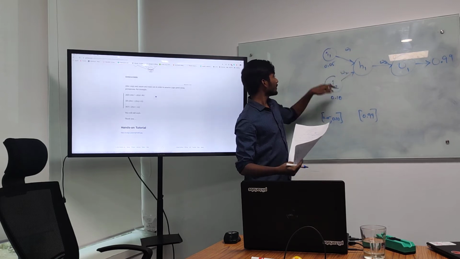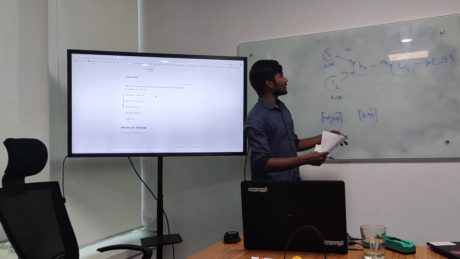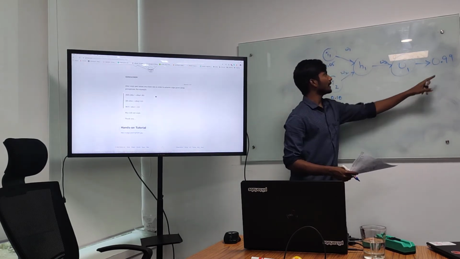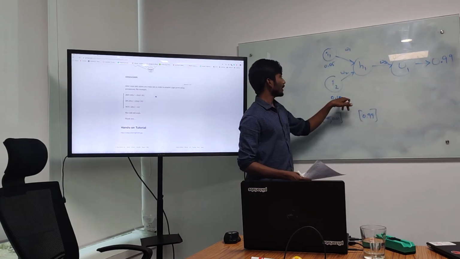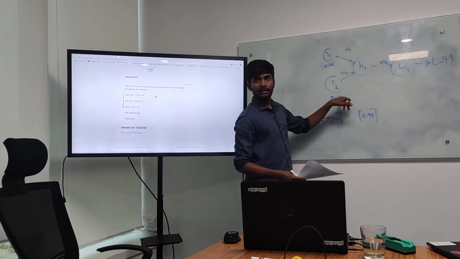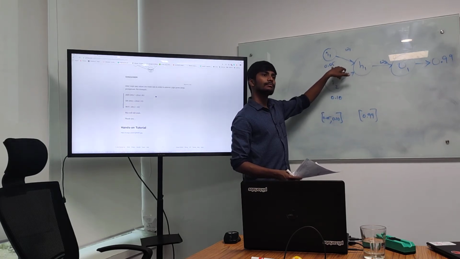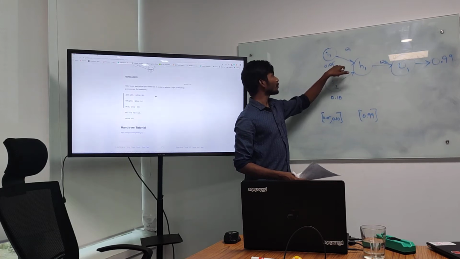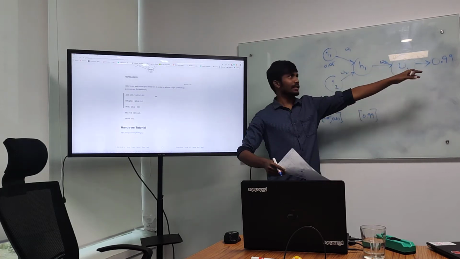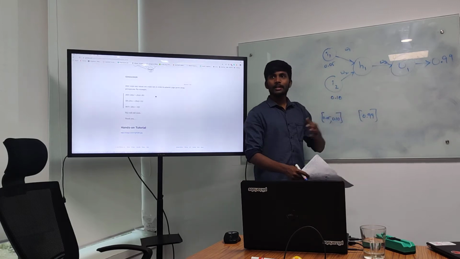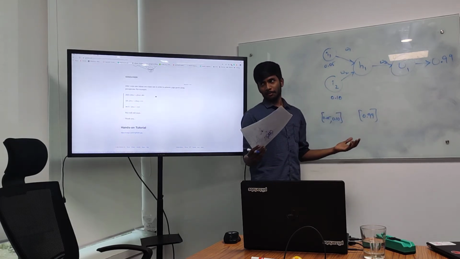Or I can split it. Instead of 99, let me say 0.6. I multiply 0.1 by 5, so it becomes 0.5, plus I multiply 0.05 by 2, so it gives 0.1. Sum them to get 0.6, and put the weight W3 as 1. So there are multiple solutions possible.